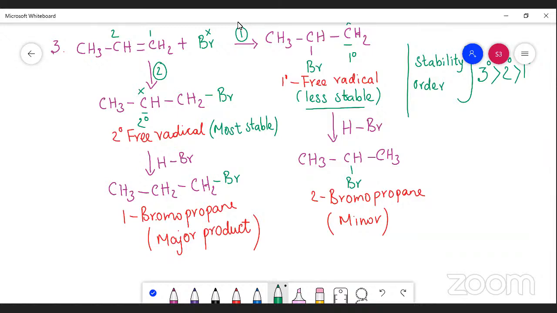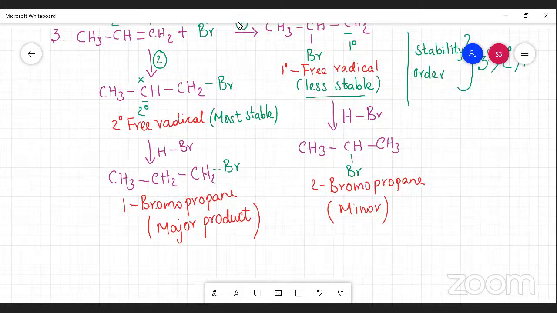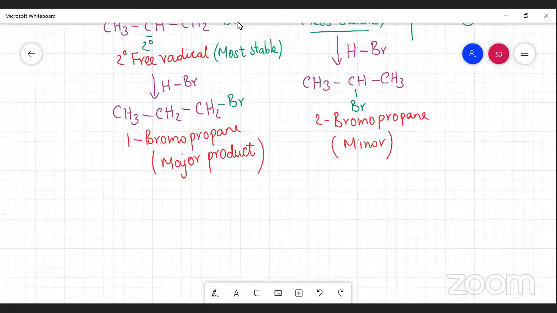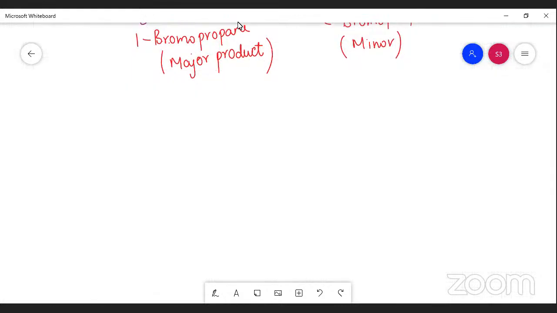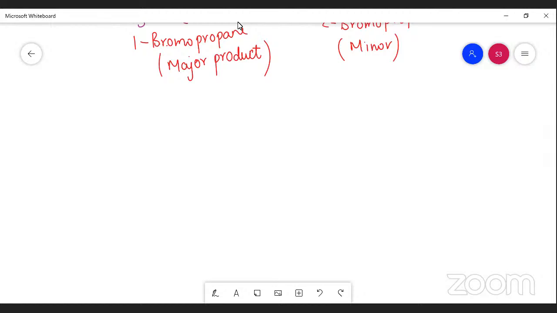Now, this is applicable only for HBr. Why? If you take HCl or HI, this is not applicable. The anti-Markovnikov reaction is applicable only for HBr. Why?